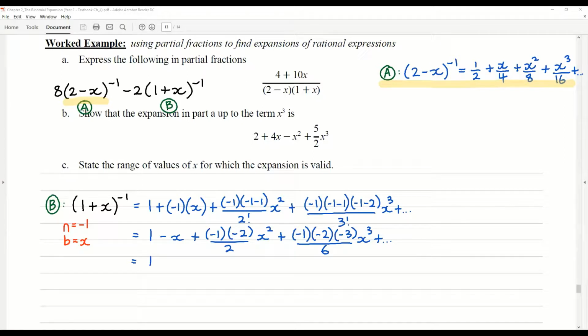So this is going to be 1 subtract x. Let's just go through the cancellation. So let's have a look. We've got -2 and 2. Well, that's going to cancel to be -1. And because it's a double negative, it's going to be an addition there. So this is going to be plus x squared. We have this alternating sign pattern. So I'm going to predict the next term is going to be negative, which of course it is.